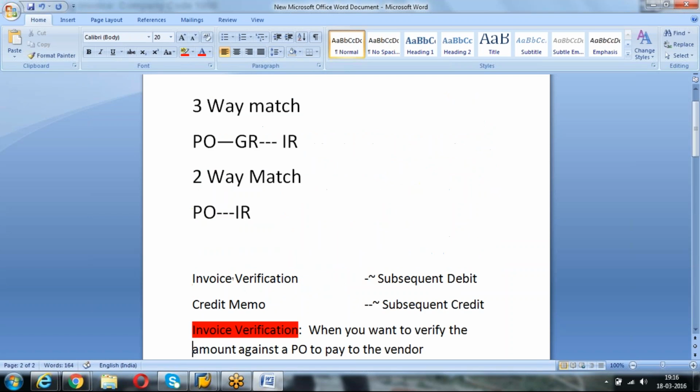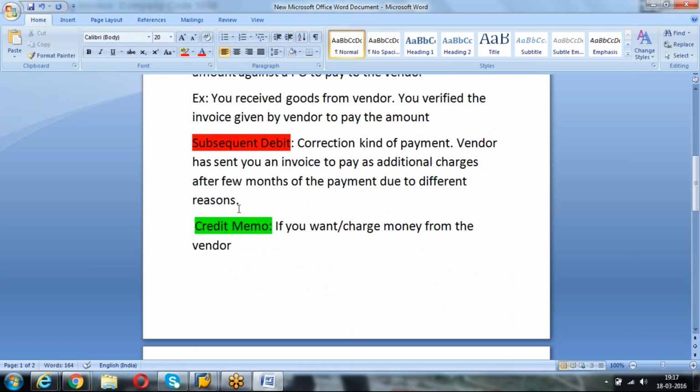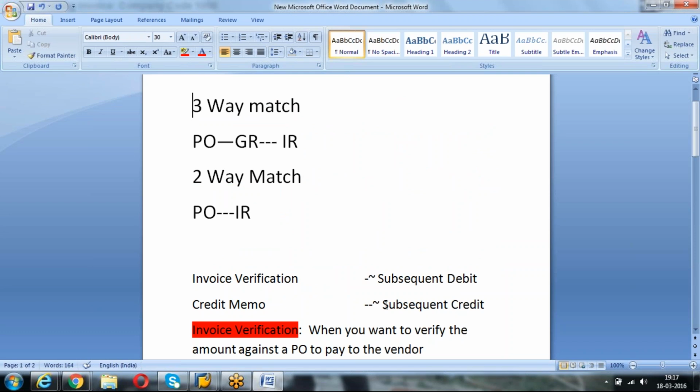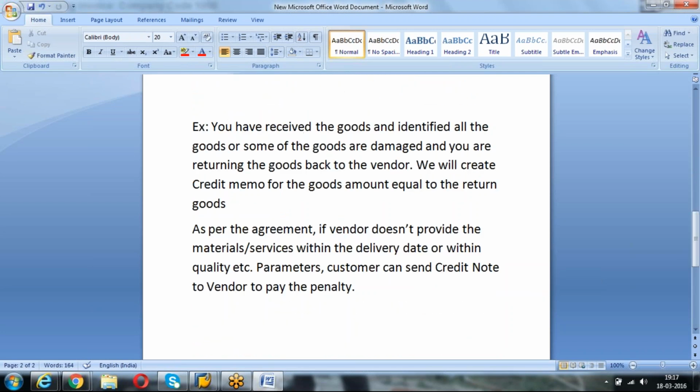In the same way, I hope you understand, it's completely the reverse of subsequent debit. Subsequent credit will be the reversal of subsequent debit.